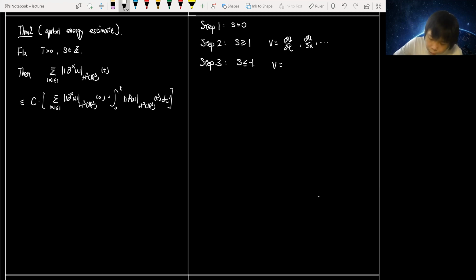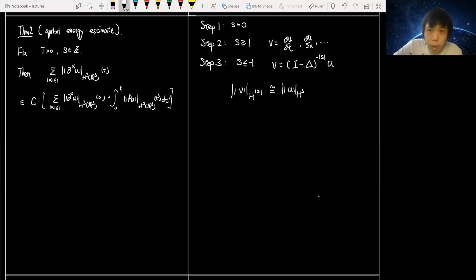Consider V, which is identity minus Laplacian to the power minus S acting on U. So this V has the property that its H absolute value of S norm is comparable to the HS norm of U. So that's similar to the trick in step 2, just a bit more complicated.